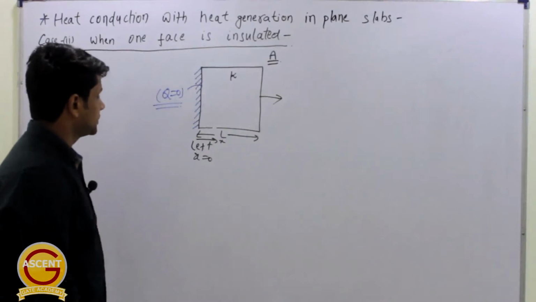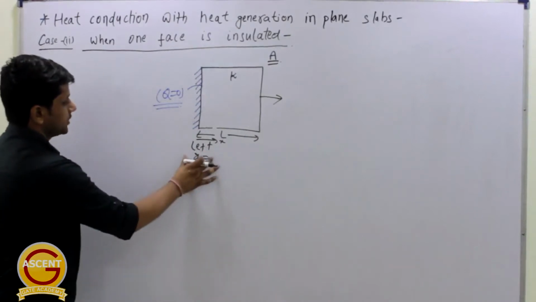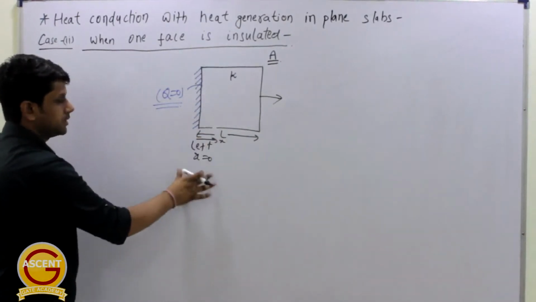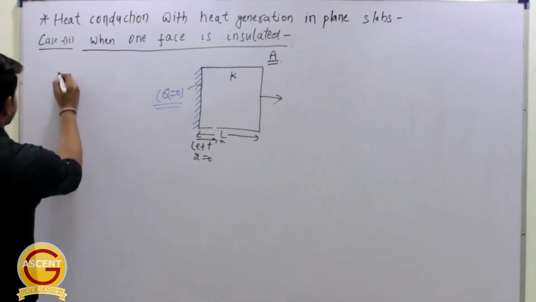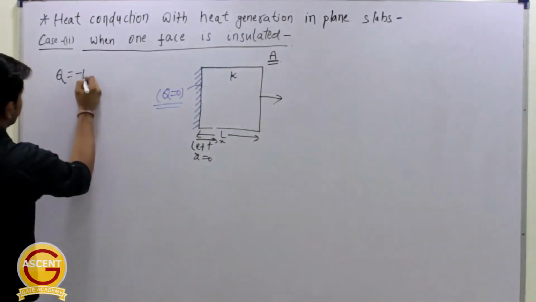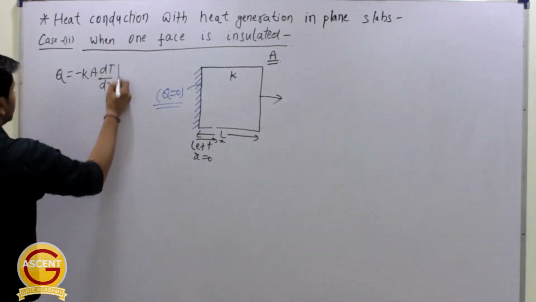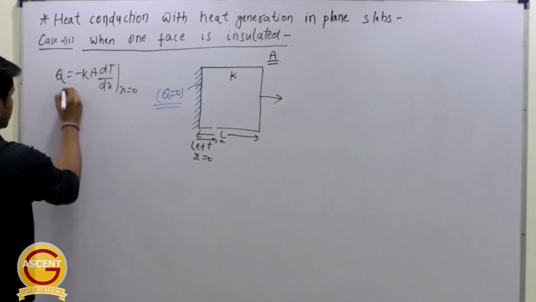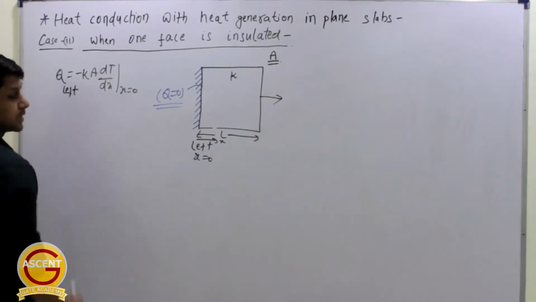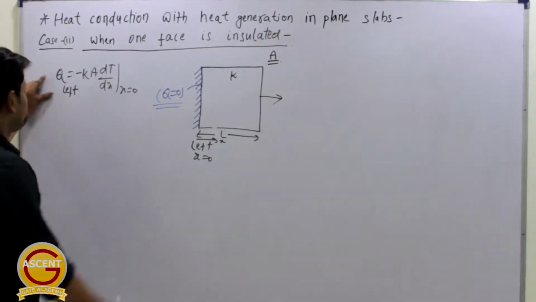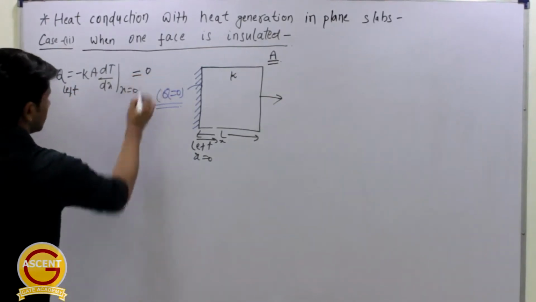So what are the conditions here? As from the left face, the heat transfer due to conduction is 0. So what is that heat transfer? Q equal to minus KA dT by dx at x equal to 0. So this will give the heat transfer from the left face, right? Now this left face heat transfer is 0.